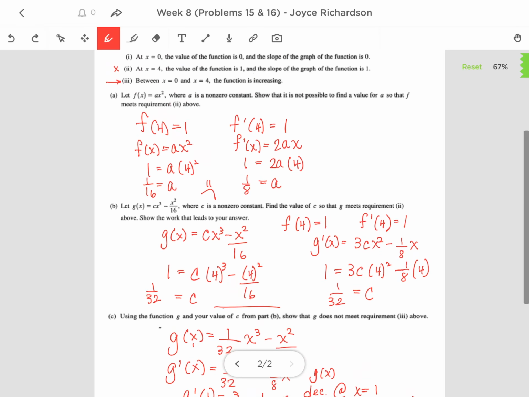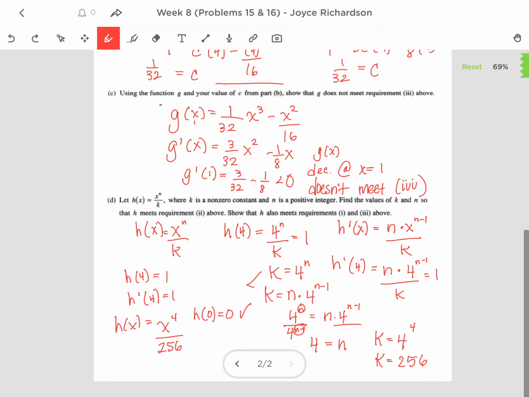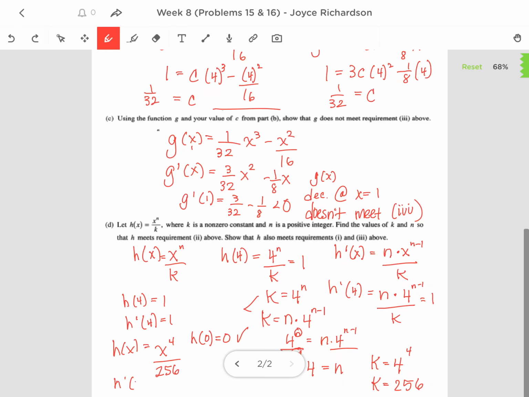Now I have to check that it is increasing. So h prime of x is equal to 4 over 256 times x to the 3rd power. I have to talk about what values will always be positive on 0 to 4. So you're done.